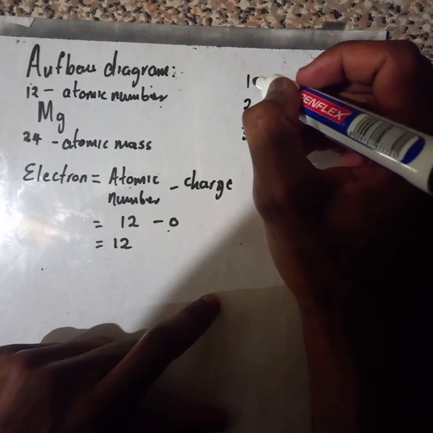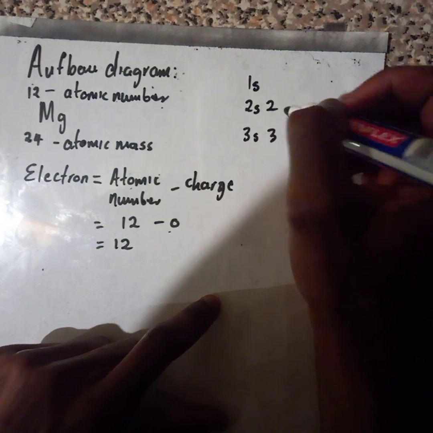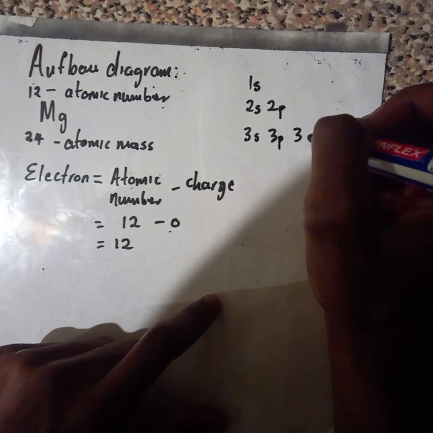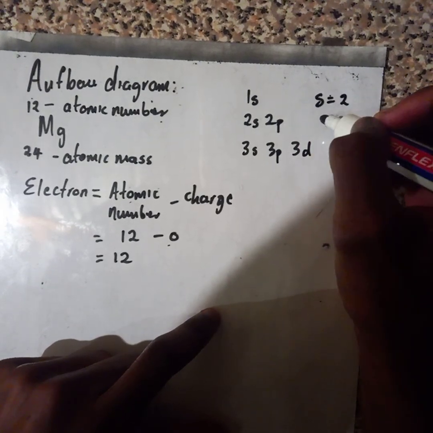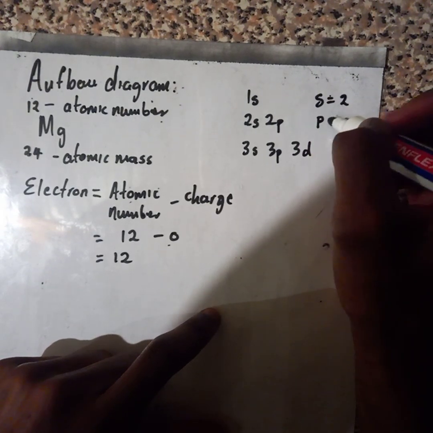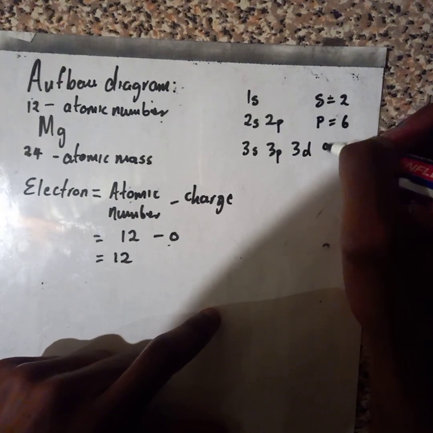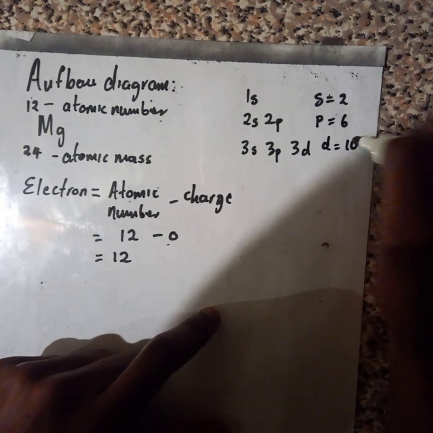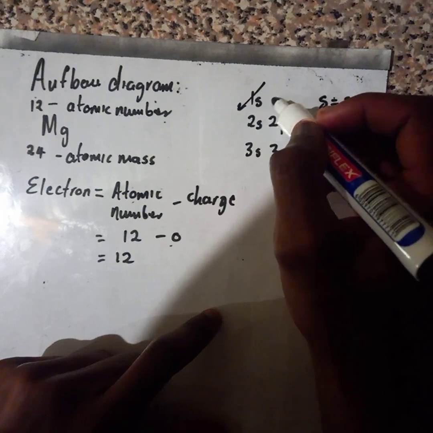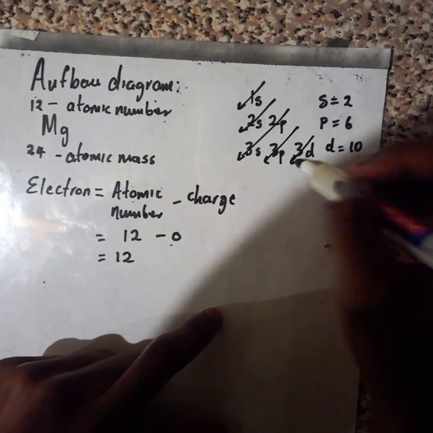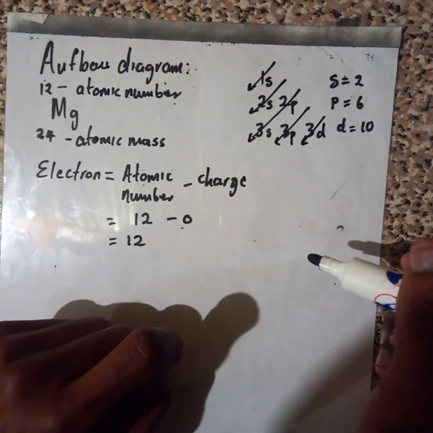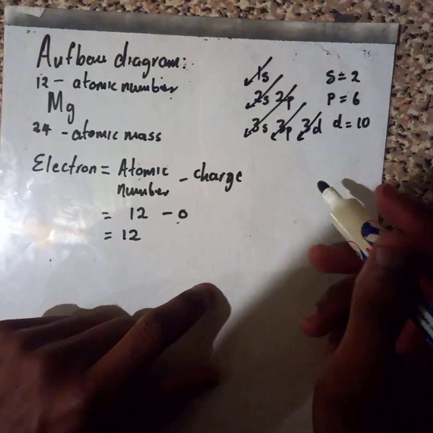We have 1s, 2s, 2p, 3s, 3p, 3d. S can take up to 2, P can take up to 6, D can take up to 10. Then we also need to include these arrows like this. Then for a spectroscopic notation, it's so simple.